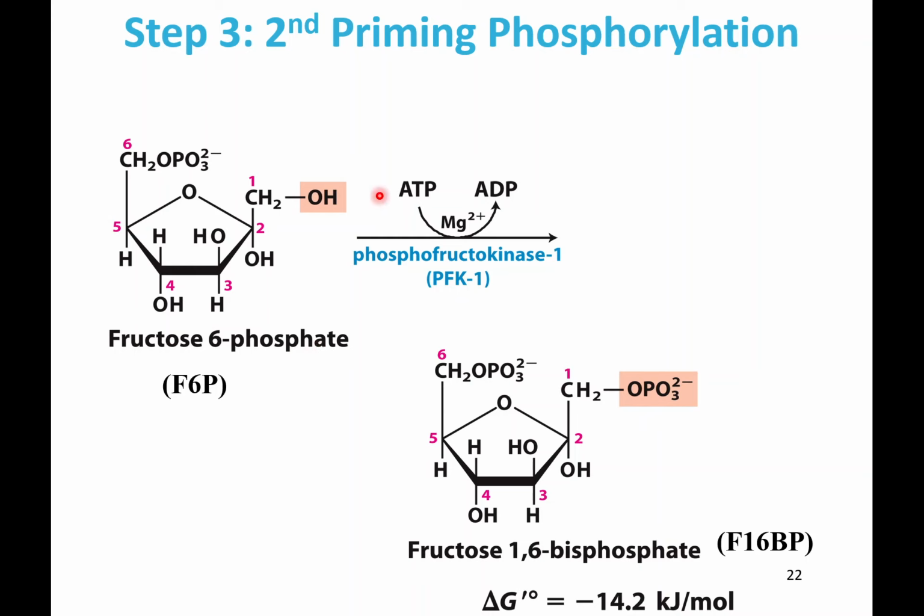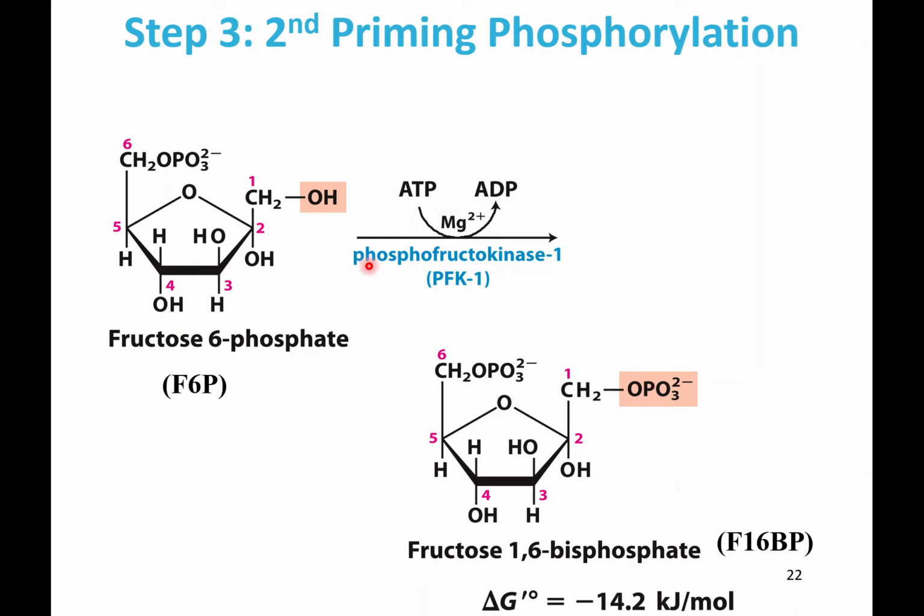Okay, we're adding a phosphate from ATP on carbon 1 now, and so we're phosphorylating carbon 1, and that product we make would be fructose 1,6-bisphosphate, or F16BP. Okay, and that's another thing I should mention. The bis is telling you that there are two phosphate groups there.